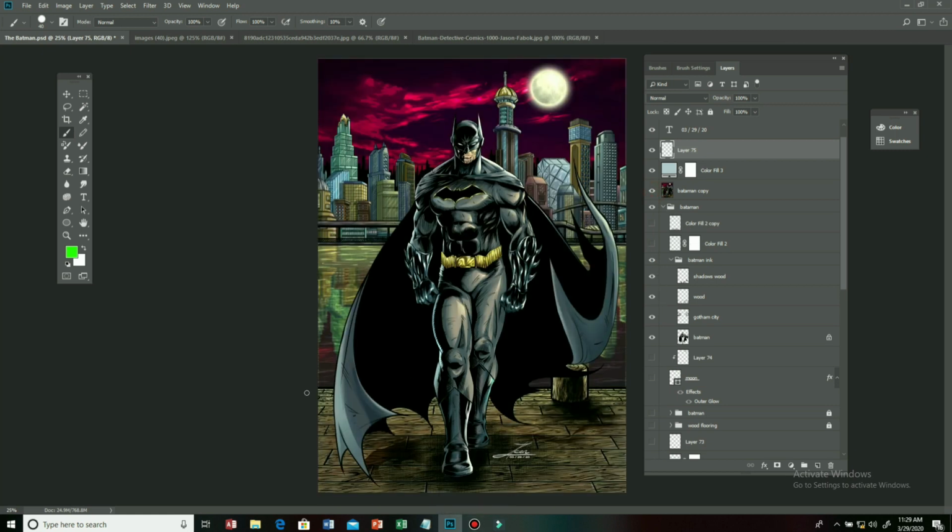In creating your sketch, or your foundation, excuse me, it is best to use references, especially if you are a beginner.